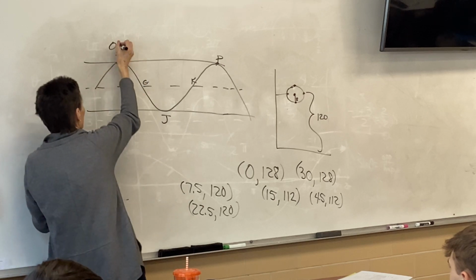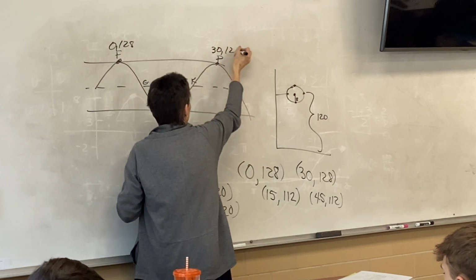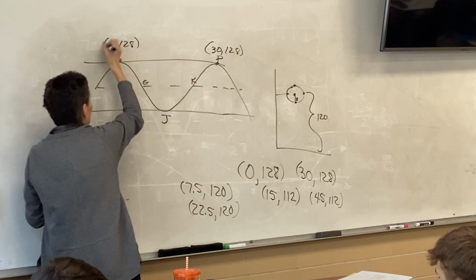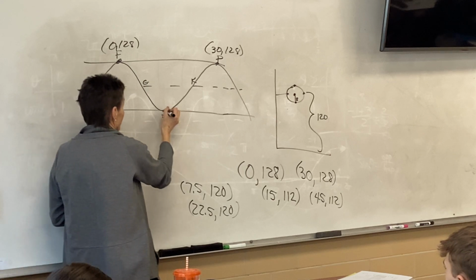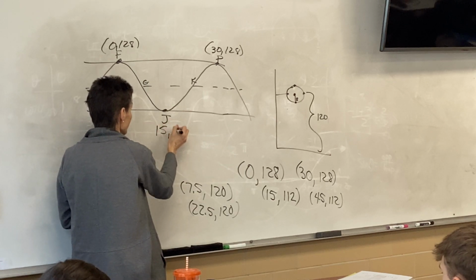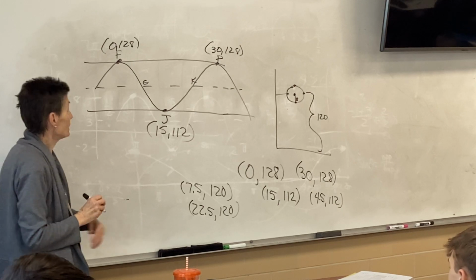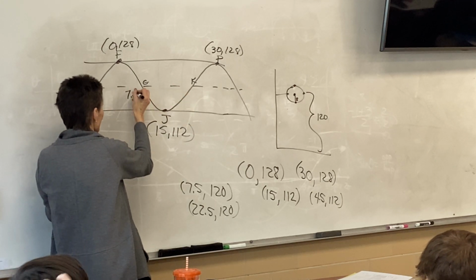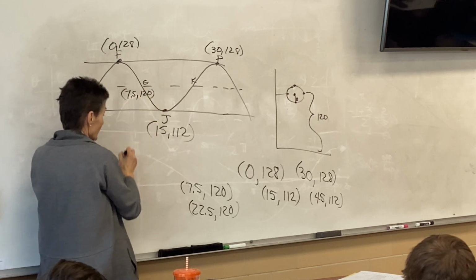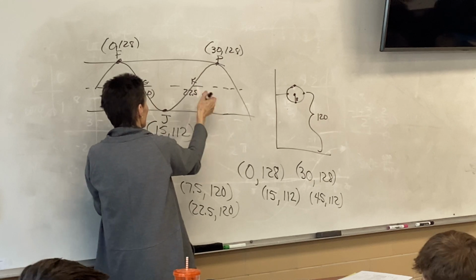So 0, 128, and 30, 128. Now the lowest point I have is 15, 112. Would you agree with that? Yeah. And then these guys are in the middle, so this will be my 7.5, 120, and this will be my 22.5, 120.